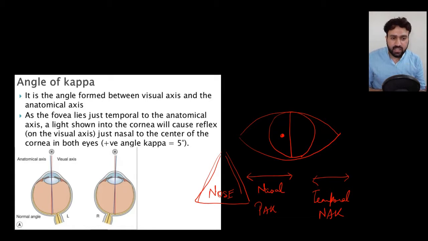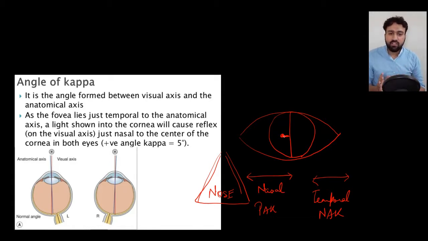It is slightly nasal, around 0.6 mm nasal to the geometric center of the pupil, right? So because of this, the normal angle between the visual axis and the pupillary axis is around 4 to 5 degrees. That is known as angle kappa.